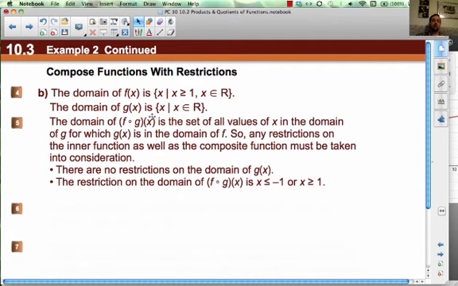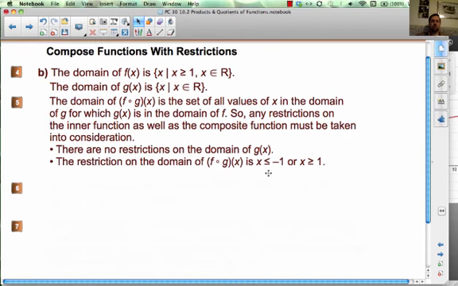For example, within this domain, anything that makes f less than 1 is not going to work. So we figured out that would be anything that was between -1 and 1.